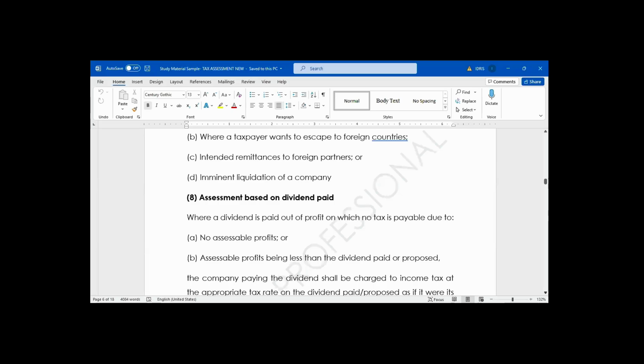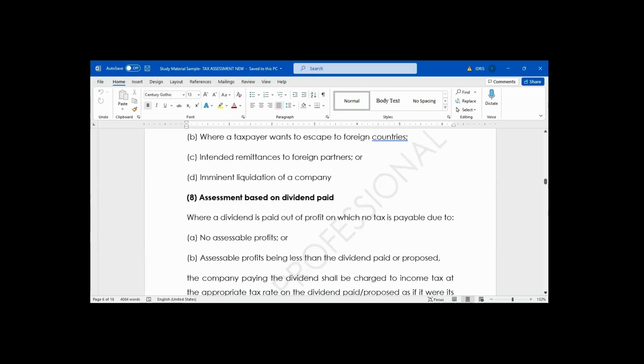When a company declares dividend, the company pays company income tax based on their total profit. In a particular year, the total profit of the company is 200 million. Do you understand? In that year, that company now declared a dividend of 300 million.